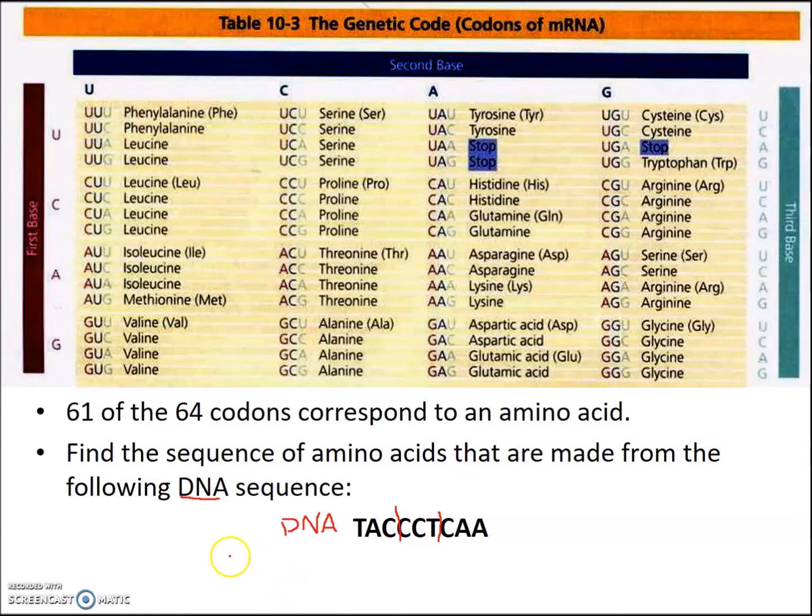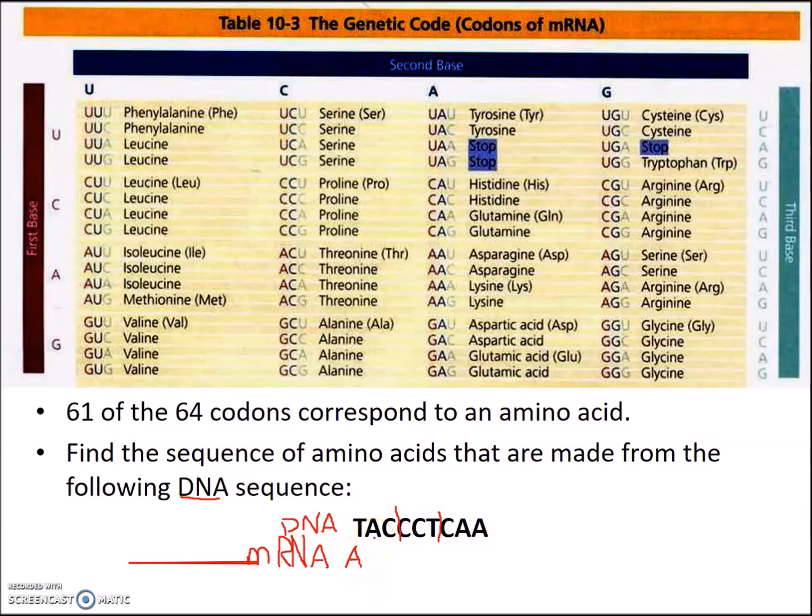Now remember, in transcription, DNA gets transcribed into messenger RNA. So what we're going to do is write the complementary base. What's complementary to thymine? Adenine. So let's write an A for the messenger RNA base.